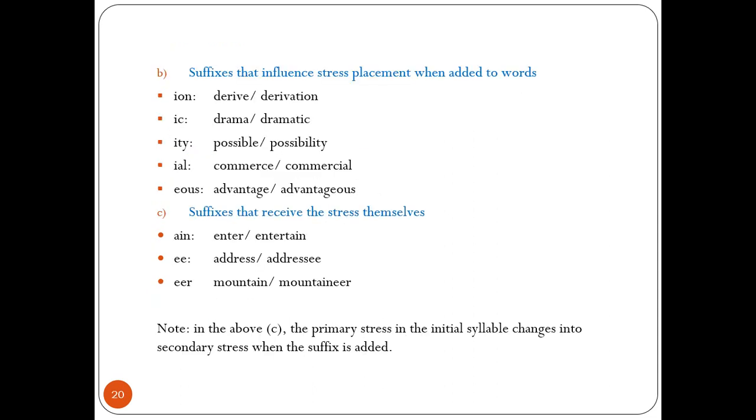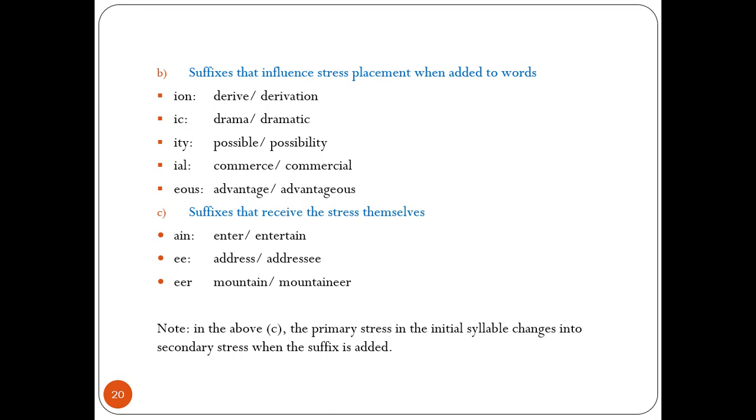Now another category within suffixes would be those suffixes which influence stress placement when added to words. How? For example, look at the first word. Okay, ion is a suffix. So we have the word derive.